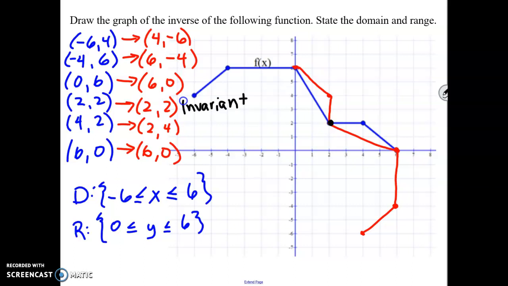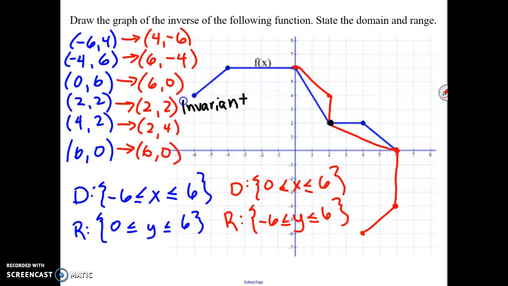Now let's also look at the domain and range. There was another good comment that said, so the domain and range are switched? Let's take a look. So here my domain values now go from 0 to +6. So my new domain goes as low as 0 and as high as +6. And my ranges now go as low as -6 and as high as +6.